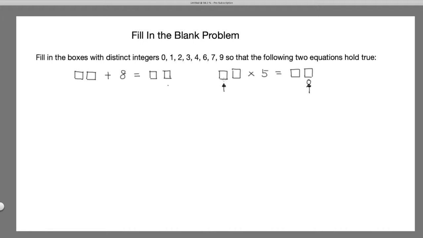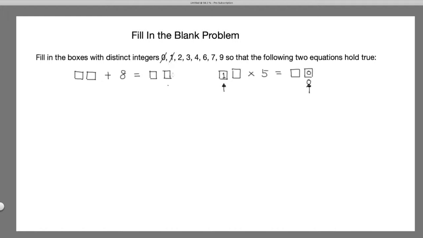And of course, this digit cannot be 0 for 2 reasons. One is that 0 is already used. That's good enough. The other is that a 2-digit number is not going to start with a 0. So this digit has to be a 1. Let's just put the 1 there, and put a 0 there.